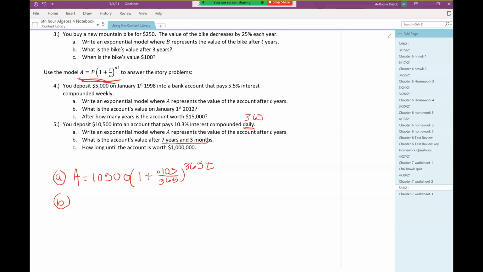Yeah, it's a quarter of a year, right? Because there's 12 months in a year. 3 divided by 12 is 0.25. So we're just going to plug that in for t.